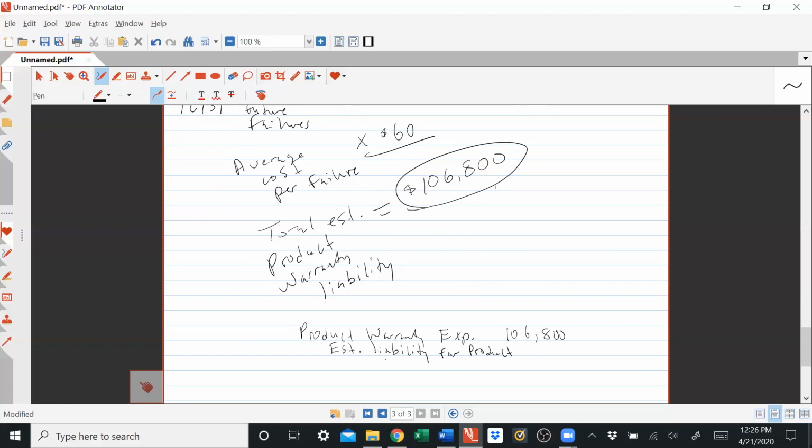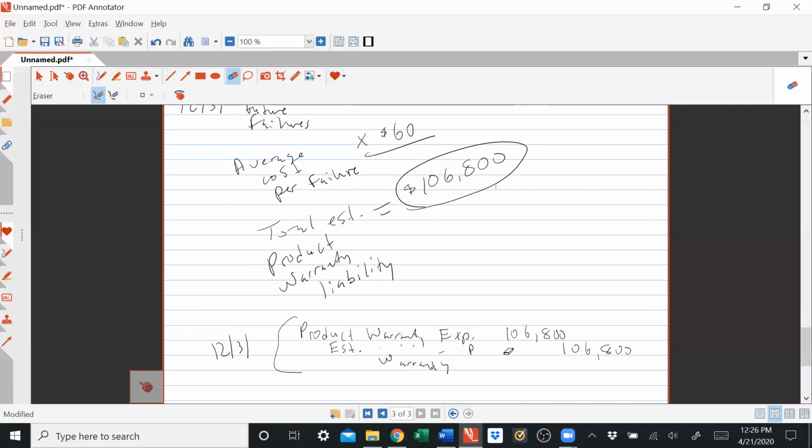So this is an example of a contingent liability. This is the journal entry on 12/31. Debit product warranty expense. Credit estimated liability for product warranty, or estimated warranty liability. Maybe that's easier to write. Let's write that. Estimated warranty liability.